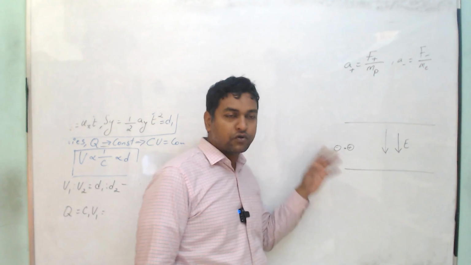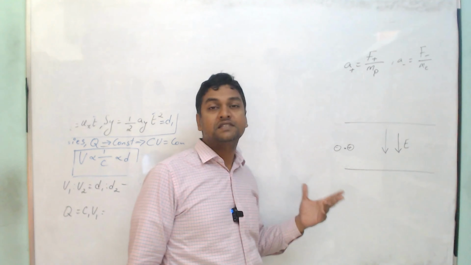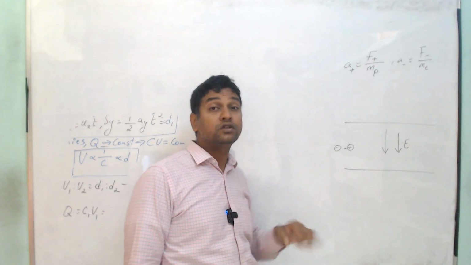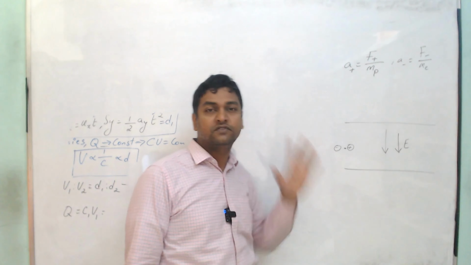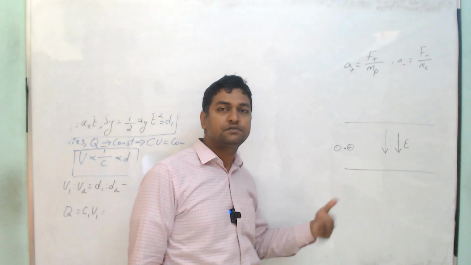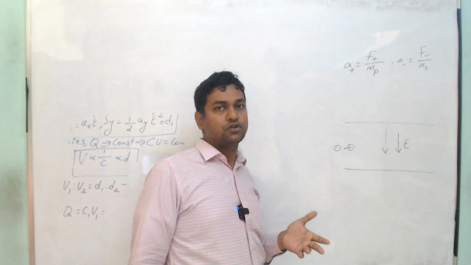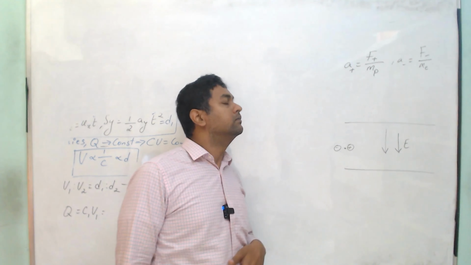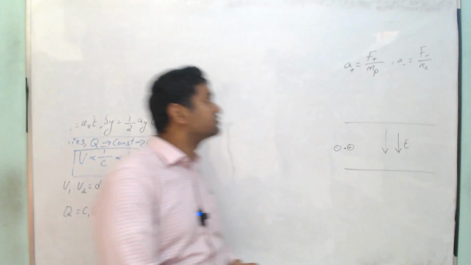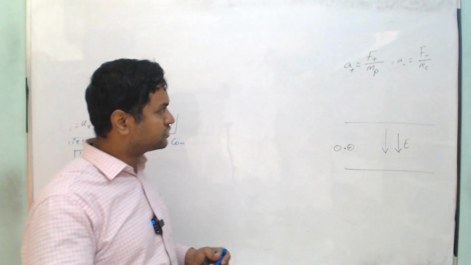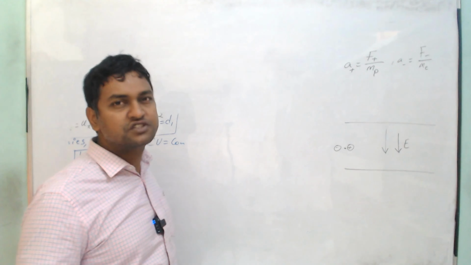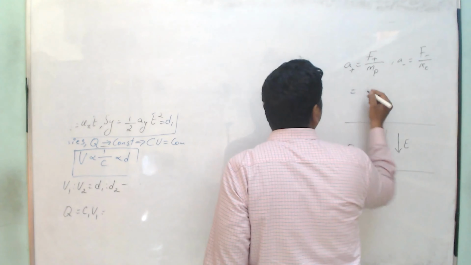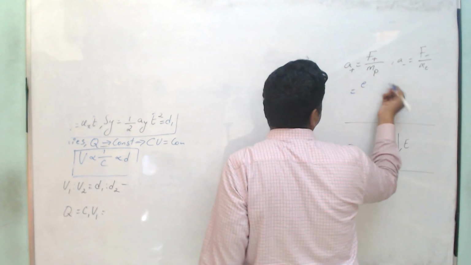Electric field for both electron and proton is independent of them, right? Because electric field is due to the charges on the plates of the capacitor, Q by A epsilon naught, sigma by epsilon naught. Is this clear? Why I am mentioning this is because when I now further substitute force as charge times electric field, for both proton and electron my charge is anyways e.